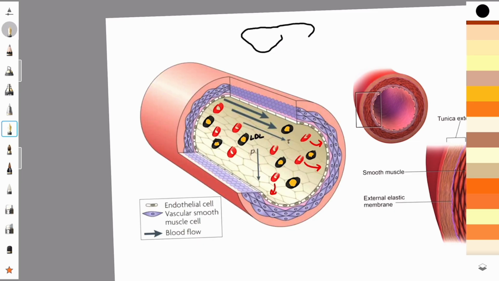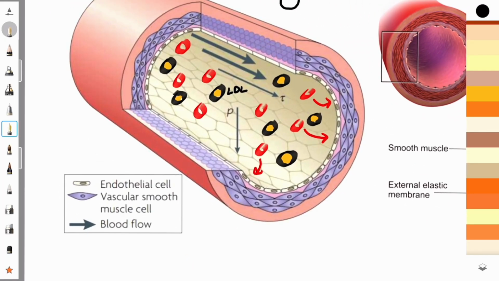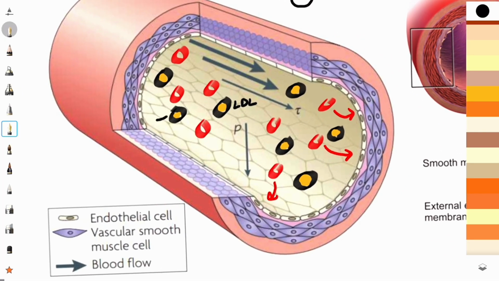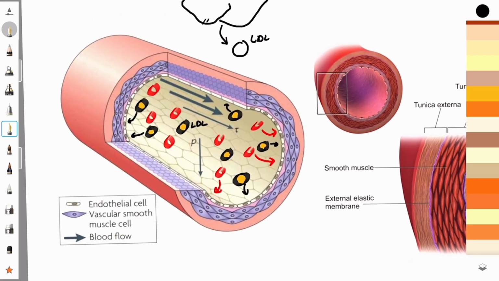The liver packaged these LDLs and shipped them out into the circulation, right? LDL. These LDLs are also capable of interacting with these endothelial cells. And this is where we get into some pretty serious problems, okay?